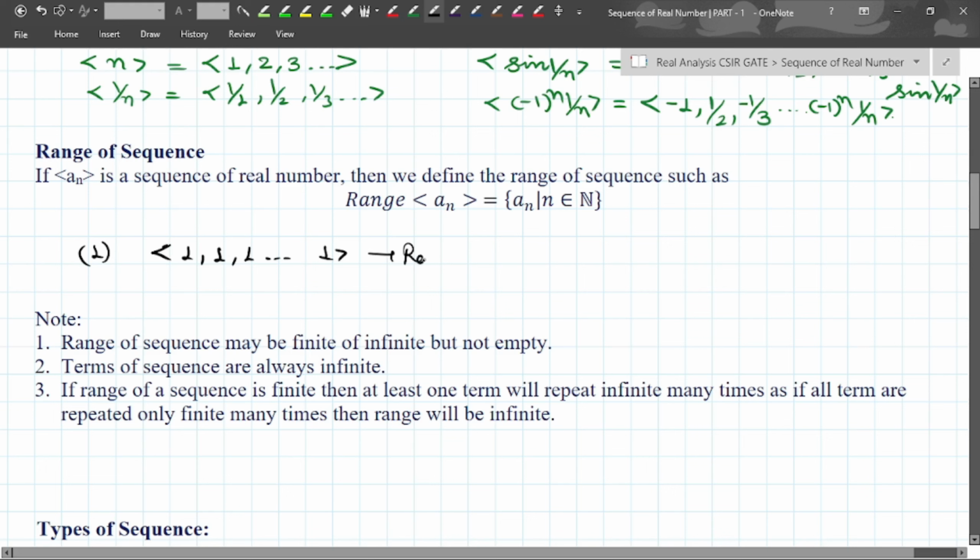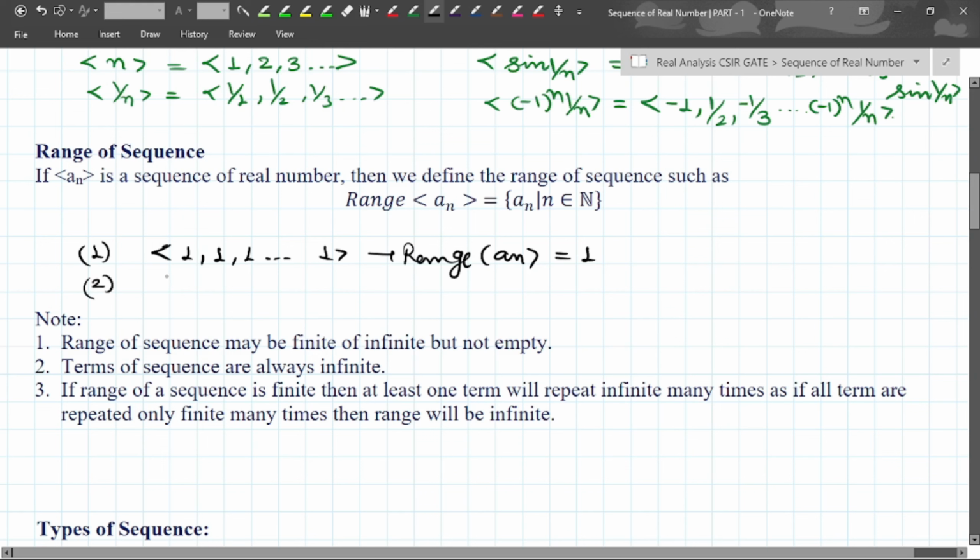Now what is the range in this case? The range of this an is going to be 1. Range is the set of those elements of the codomain whose pre-image is present in the domain. That's the definition of range. So here the range is 1.